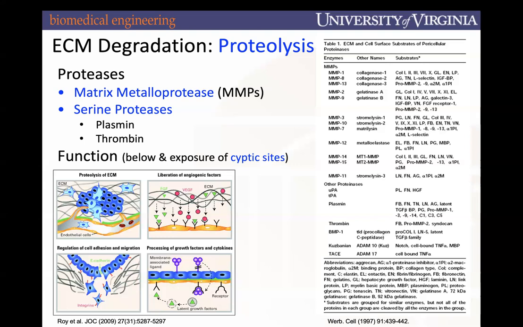But that blood clot, that fibrin clot, is an early, provisional matrix that helps guide new collagen, new fibronectin, the new mature matrix that's eventually going to form. But that provisional fibrin clot matrix needs to go away. And so these serine proteases that are key with the clotting cascade also help to regulate this early matrix.